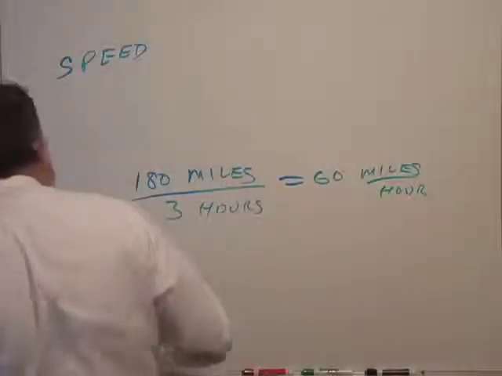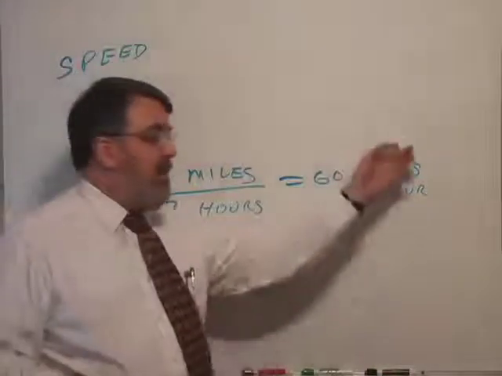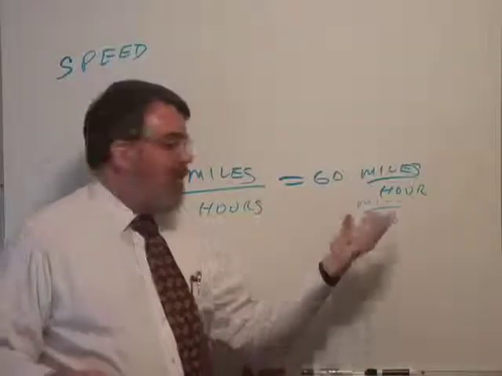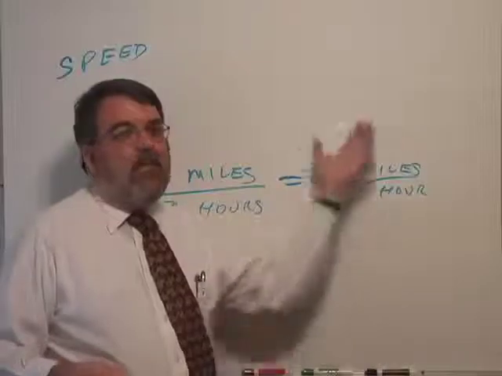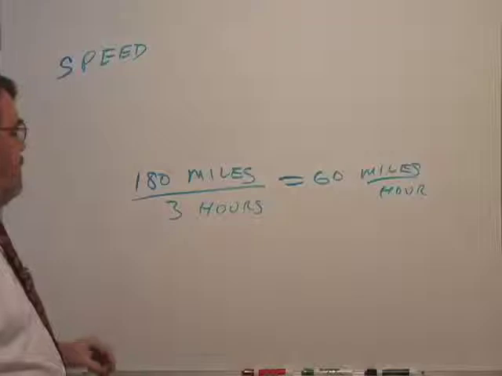So we divide, don't we? We take the miles and divide it by hours. And that's what's meant by miles per hour. That little Latin word per means to divide by. Miles divided by hour. Literally, it is. The units are divided here.